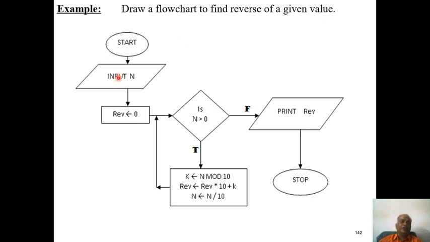Start, input n, assign reverse. The condition is n greater than 0. If true, compute k as n mod 10, and reverse equals reverse times 10 plus k, the same logic. First write the algorithm, then go for the flowchart, and it becomes very easy. If the condition becomes false, print the reversed number, then stop. That is the simple flowchart.